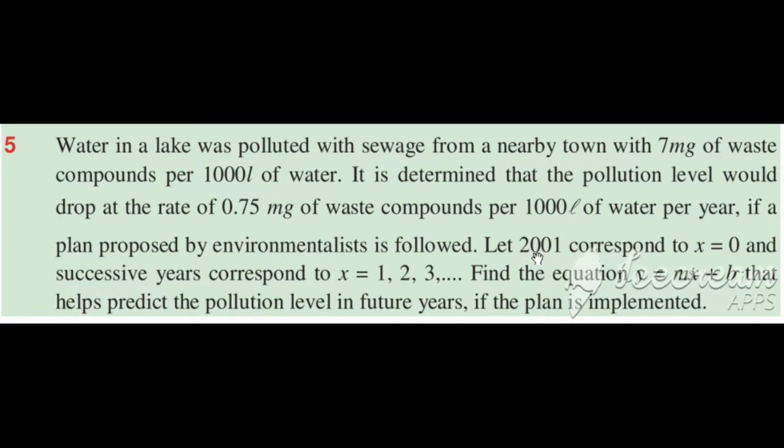Let 2001 correspond to x is equal to 0 and the successive years correspond to x is equal to 1, 2, 3 and so on. Find the equation y is equal to mx plus b that helps predict the pollution level in future years if the plan is implemented.